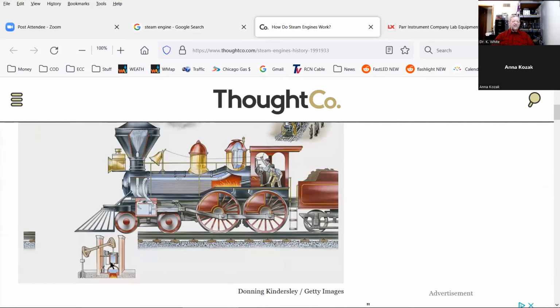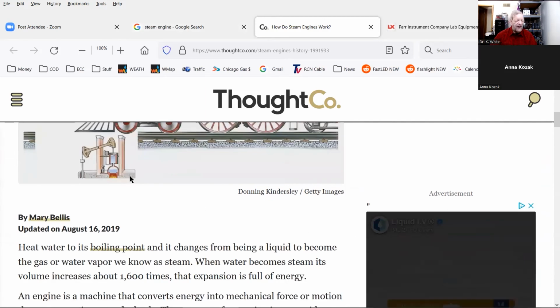Thank you. If you look at the lower left, you'll see a small picture of a piston right here that goes up and down and runs this lever right here. And the heat from the steam causes that valve to go up. When it's released, it comes back down. And inside is steam.